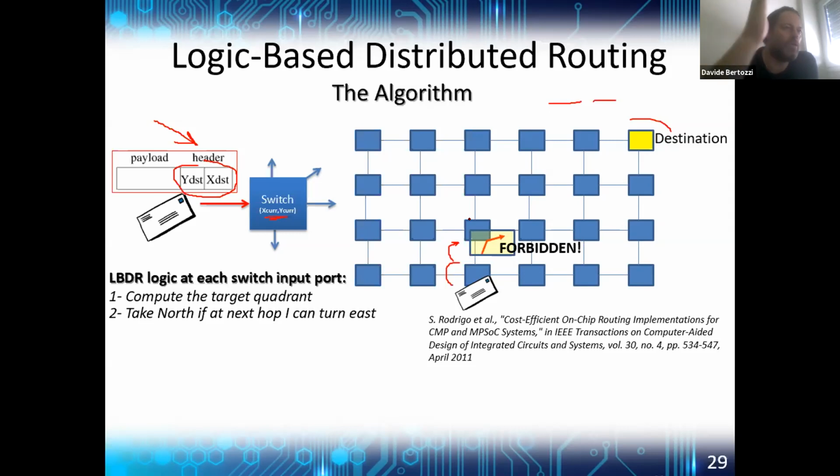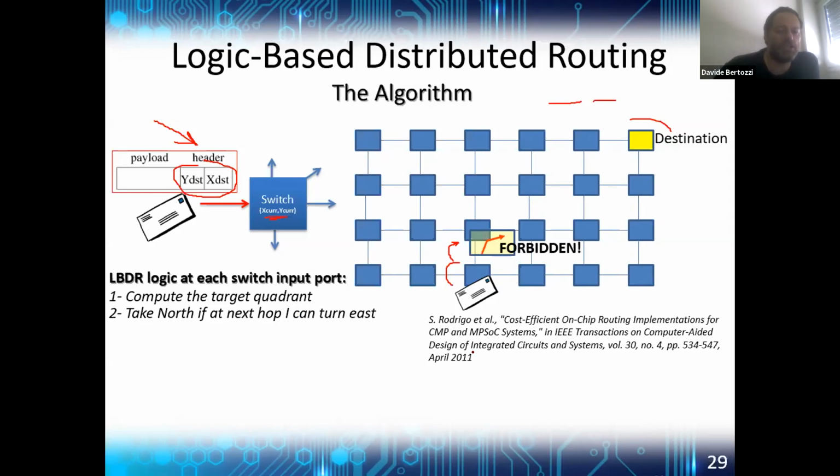So I take north only if you guarantee me that at the next hop I will be able to approach the destination. You never know. Maybe I want to keep going north, but at least you need to provide me an escape path to go east, because my destination is to the east. And in this case, there is an arrow here, there is a routing restriction.